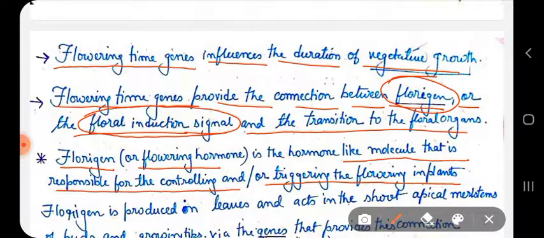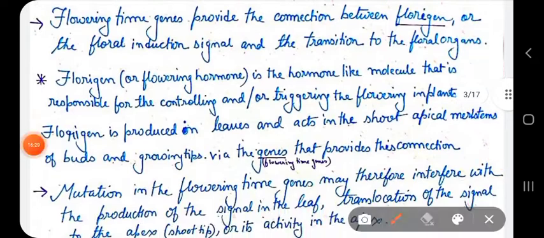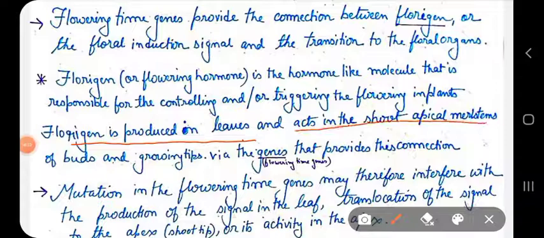Okay, and florigen is also found in the leaves. It acts in the shoot apical meristem. Normally this florigen is produced in the leaves, and it acts on the shoot apical meristem, that is, on the shoot tip of buds and the growing tips, where the genes will act.